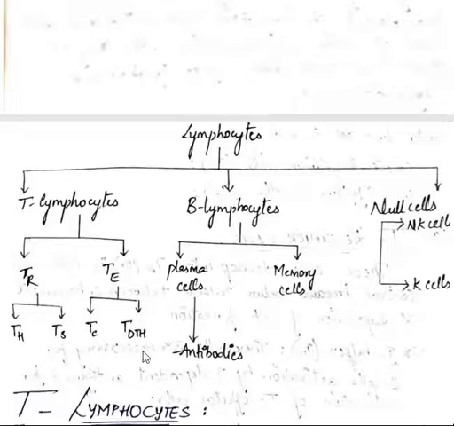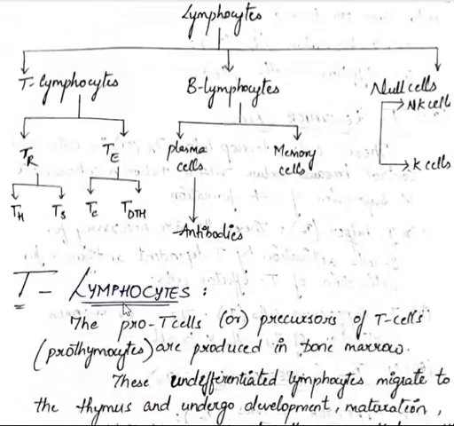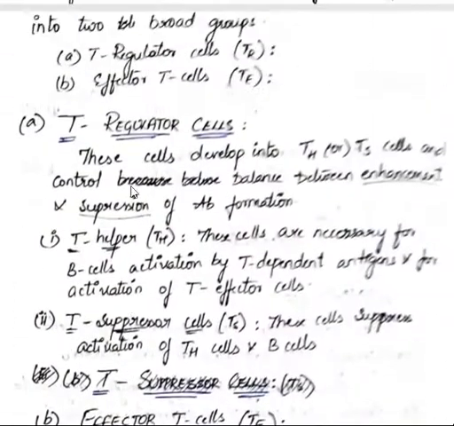That means the T cells which are involved in the delayed type of hypersensitivity are going to be called TDTH. Okay, so that's how the T lymphocytes are broadly classified into two categories. One is the T regulator cells and the second one is the T effector cells or effector T cells. Okay, let's see them in detail now.